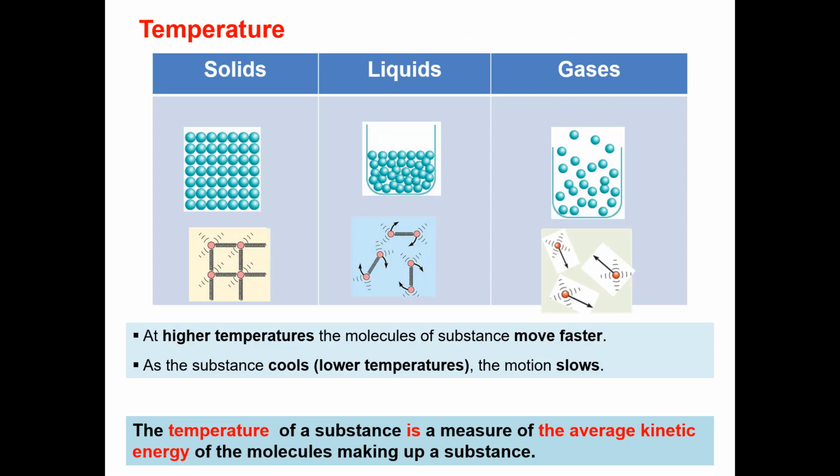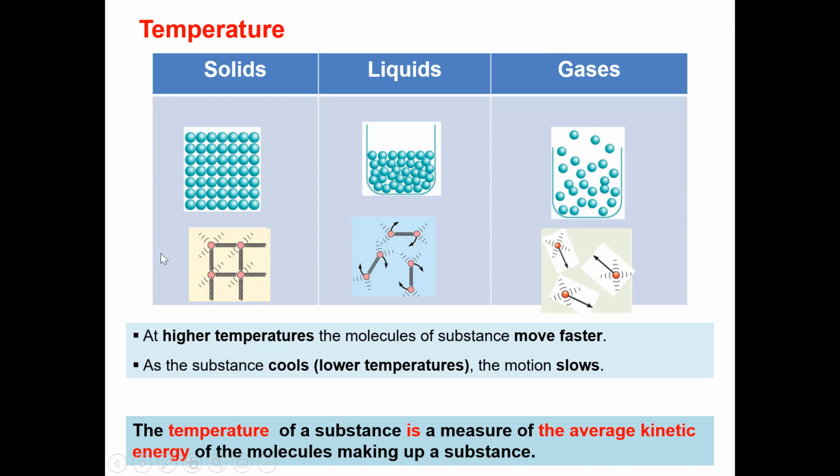But if we increase the temperature to 20 or 30 degrees Celsius, the water is going to convert into liquid. Then the molecules can vibrate, can rotate, and can translate a small distance compared with the size of these molecules.